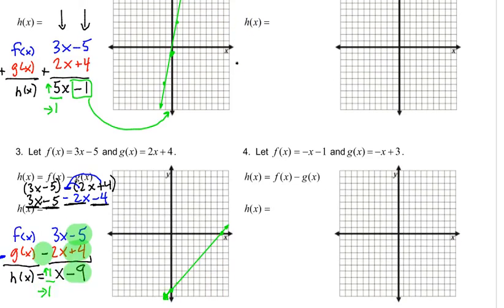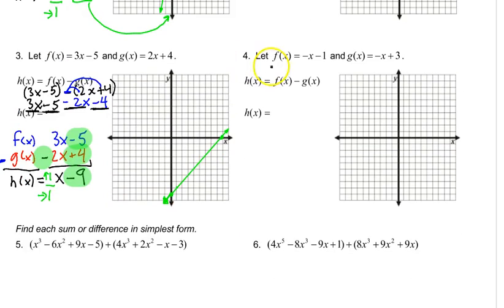So, okay, let's look at 4, the subtraction. So we have -x minus 1. We have -x plus 3. And remember, we're subtracting each one of these. So it's like -x minus -x, which is positive, right? So that actually cancels out and equals 0, right?